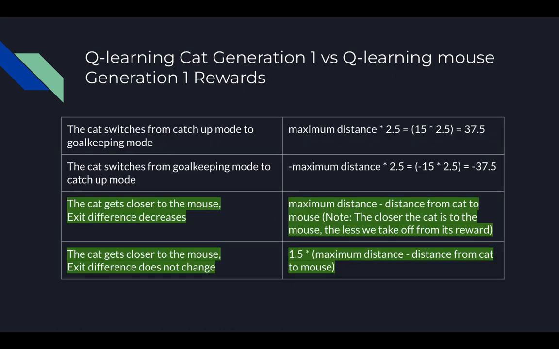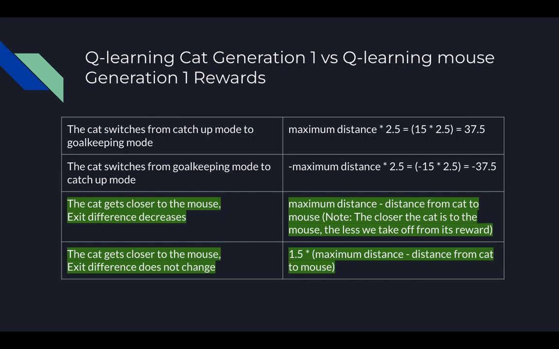The exit difference is therefore -3. The first two rewards are based on the change of state in goalkeeping or catch-up mode. If one of the reward conditions is met, we no longer consider the conditions or rewards below. Since the cat is always at an advantage in the goalkeeping mode, we penalize it for switching from this and reward it for transitioning into it. The other rewards depend on whether the cat gets closer to the mouse and whether the exit difference changes.